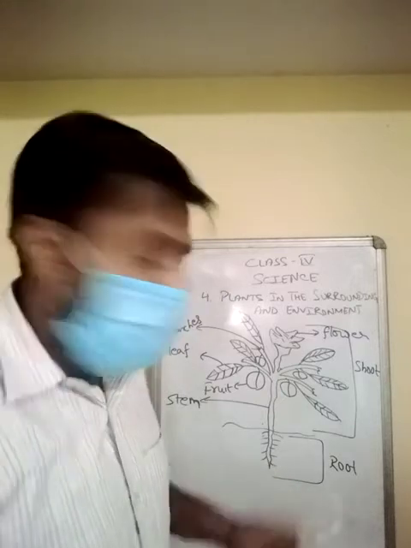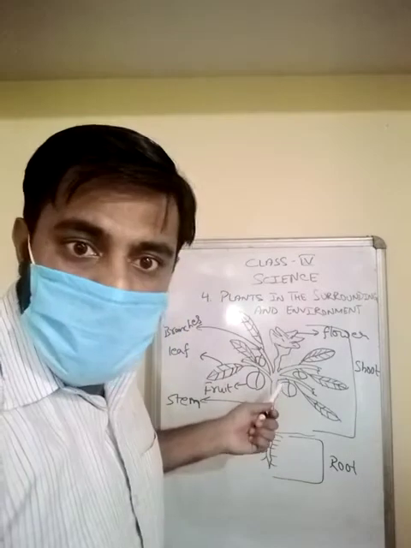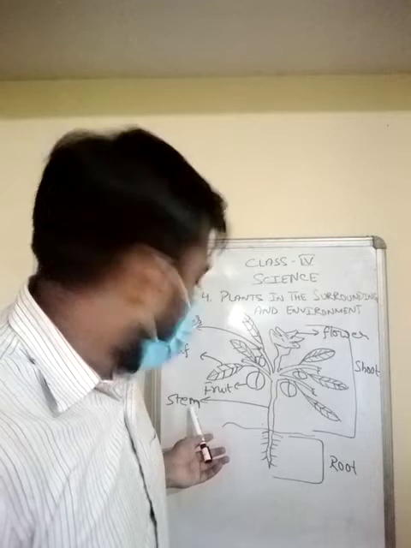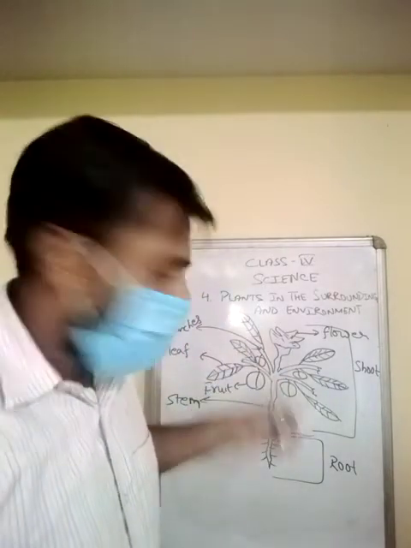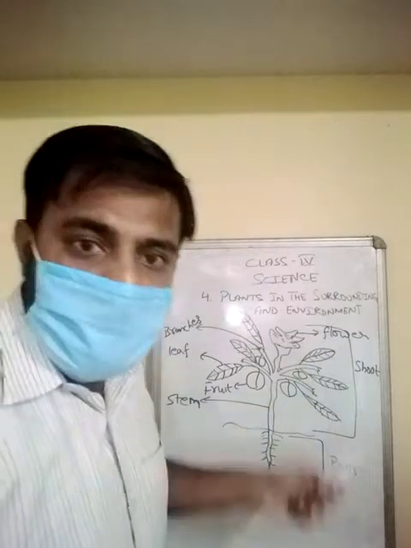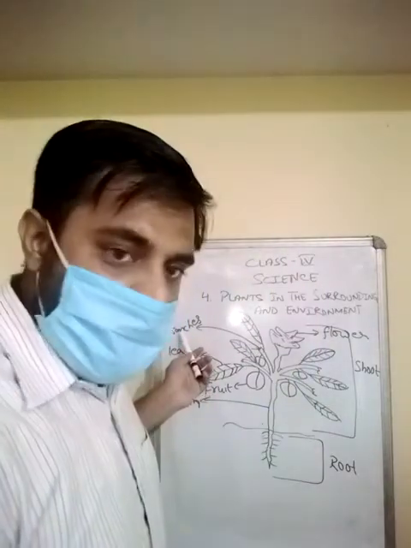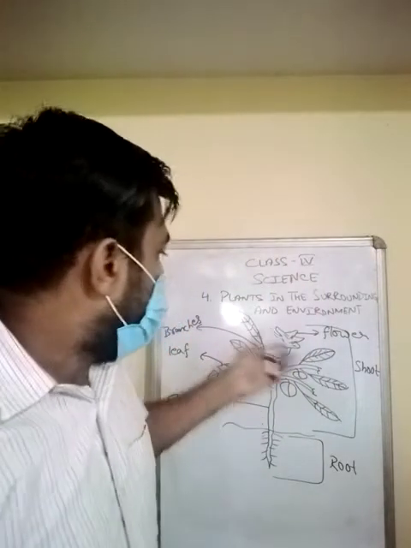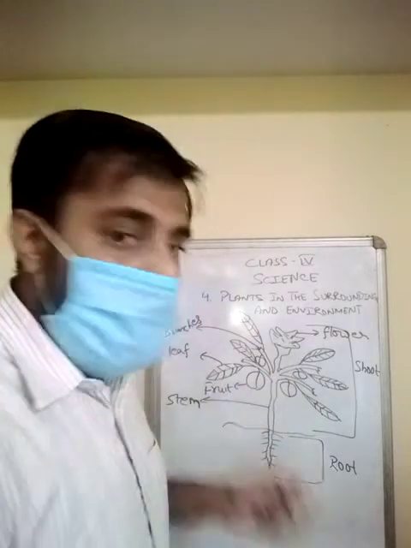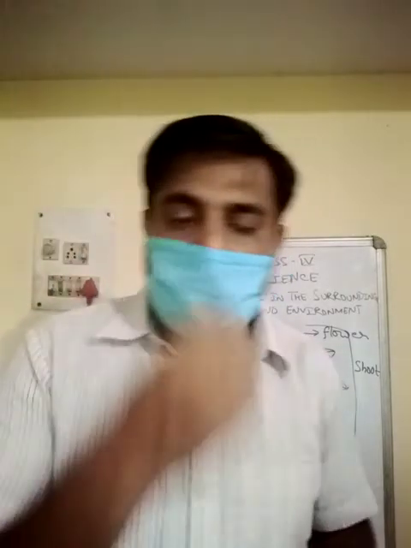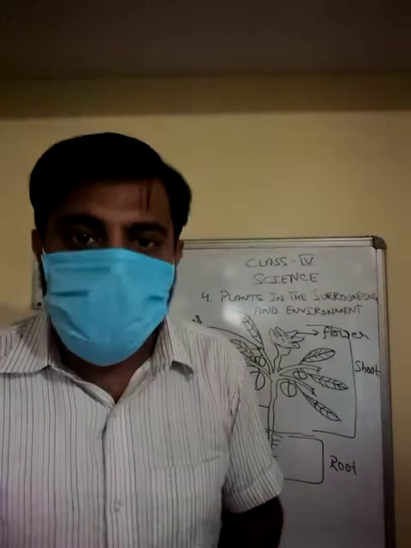But the shoot consists of the main towering branch, that's stem, then the subdivisions of the stem which grow in all directions, their branches. Then you have the green leaves. Okay, the leaves are the most important part of the plant because they prepare food for the plant.